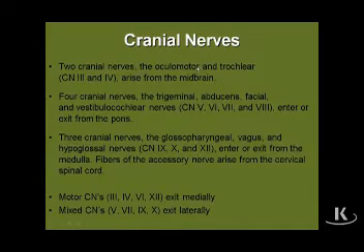Then here is the organization, which we'll then look at a diagram of. And it's important to recognize what parts of the brainstem are giving rise to which cranial nerves.